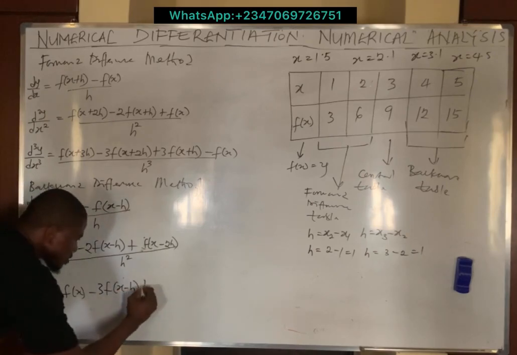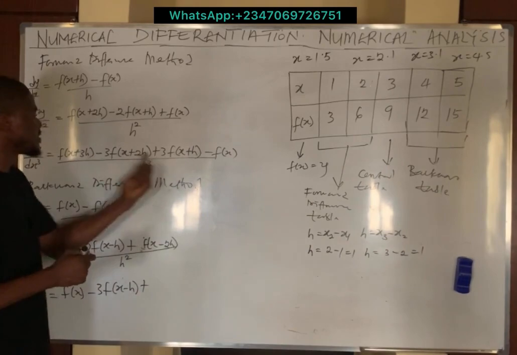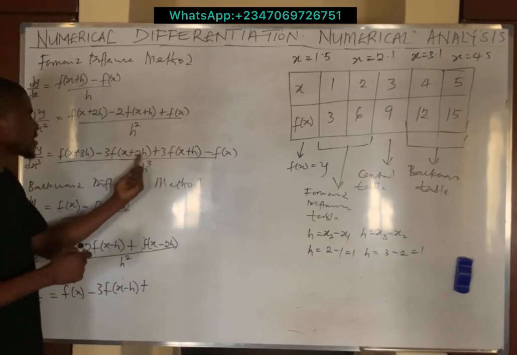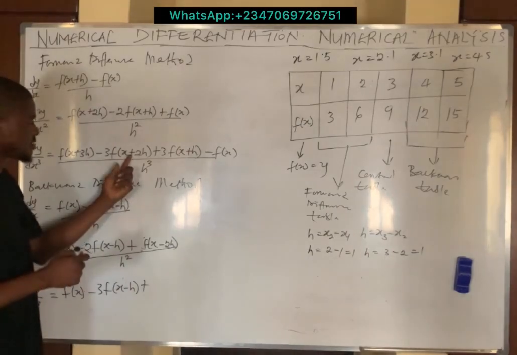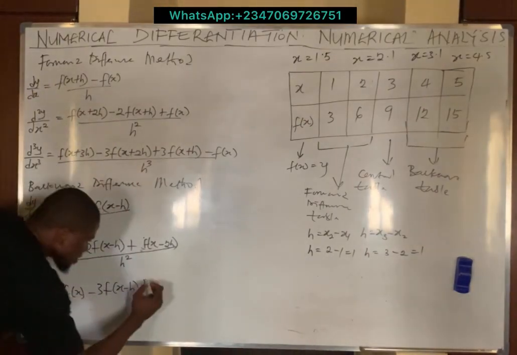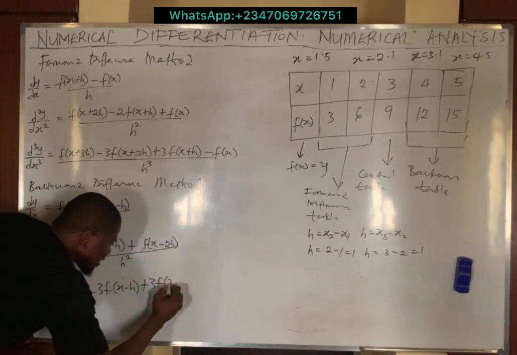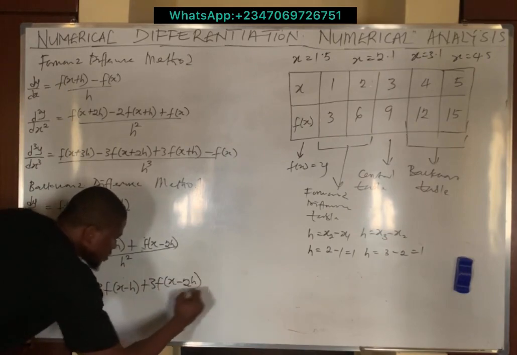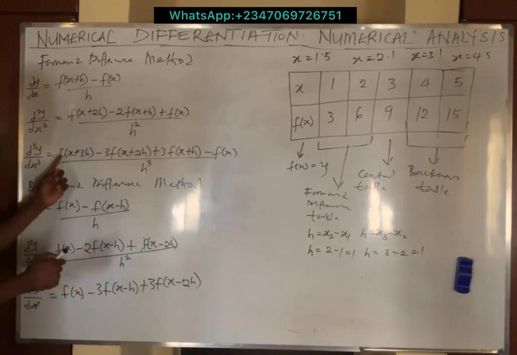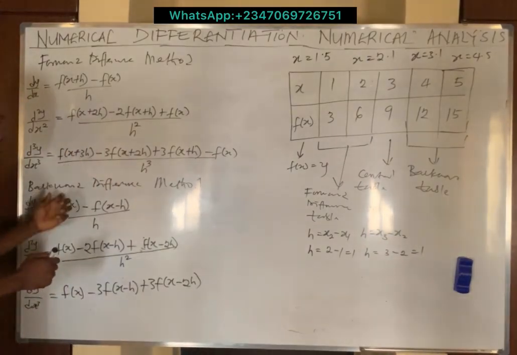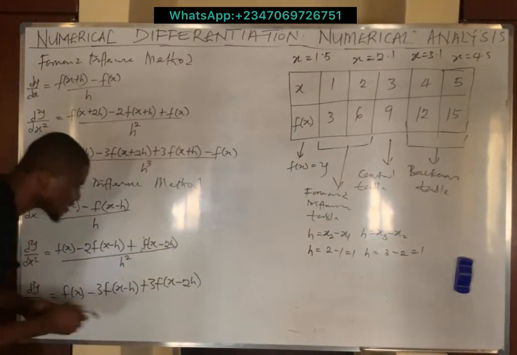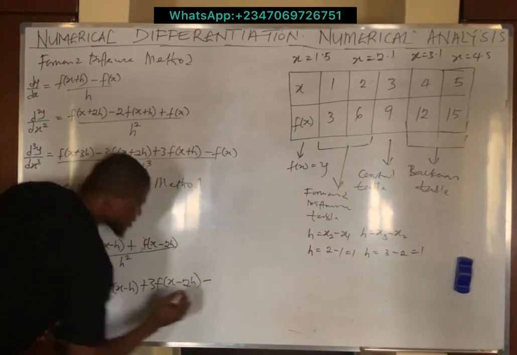Next should be plus. Then the next value after this is 3f of x plus 2h, but you change this positive sign here to be negative, right? So it becomes 3f of x minus 2h. And finally, you have f of x plus 3h. And remember, if here is plus, the next sign there should be negative, right?